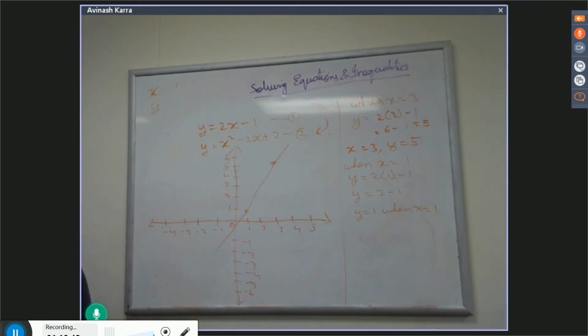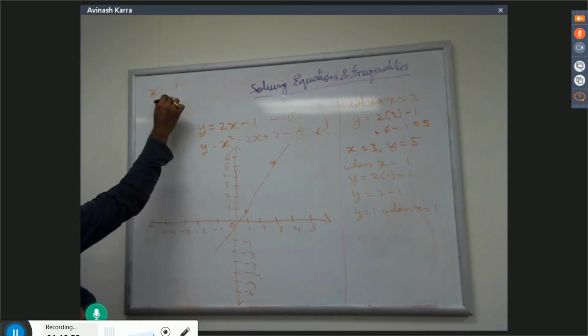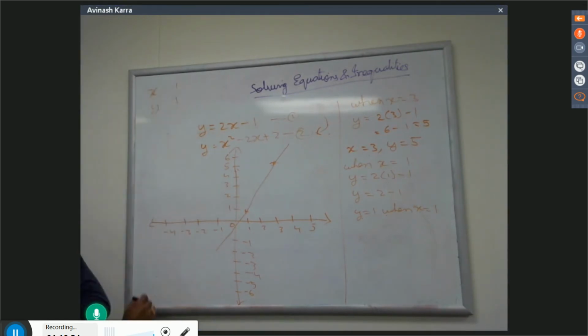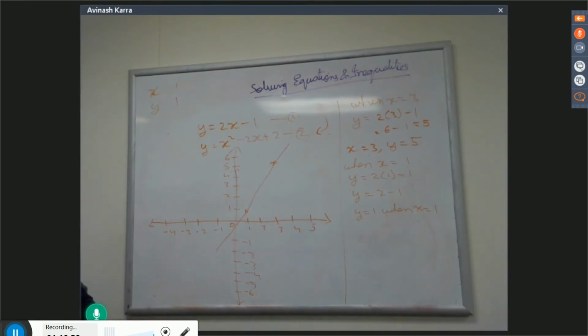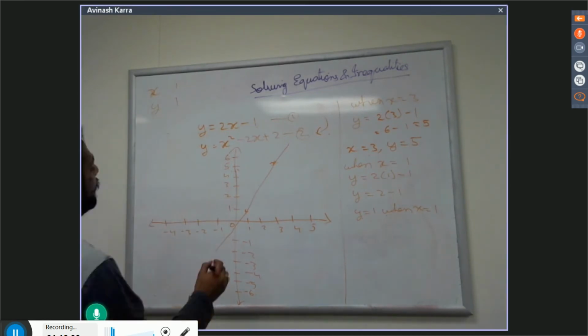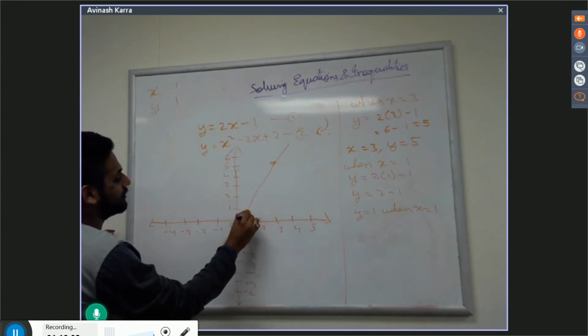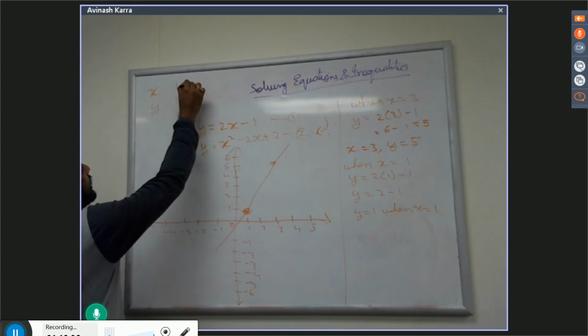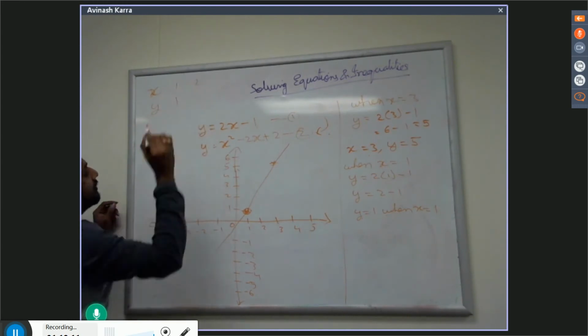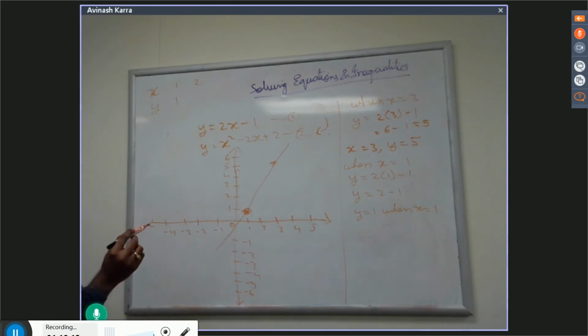One minus 2 minus 1 plus 2. Correct? Wouldn't it just be 1? Yes. When x equal to 1, y equal to 1. Okay. 1 point is here. And when x equal to 2, what will be the value?